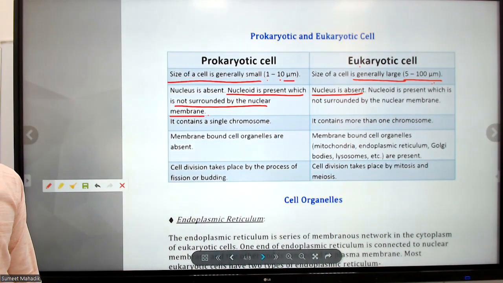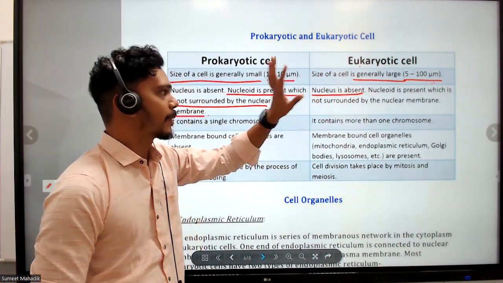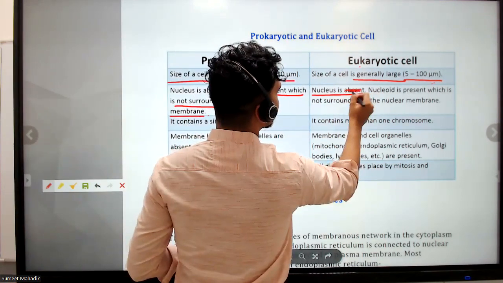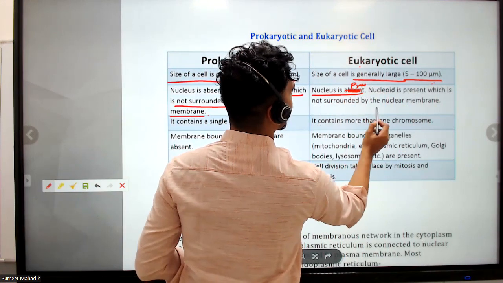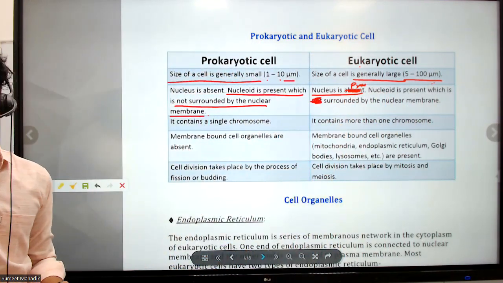Something is a problem right here. Nucleus is present, which is surrounded by the nuclear membrane.